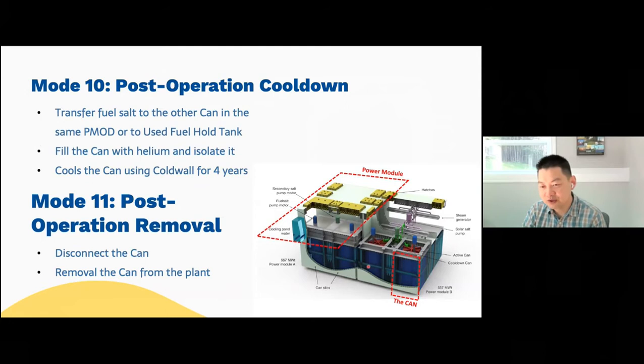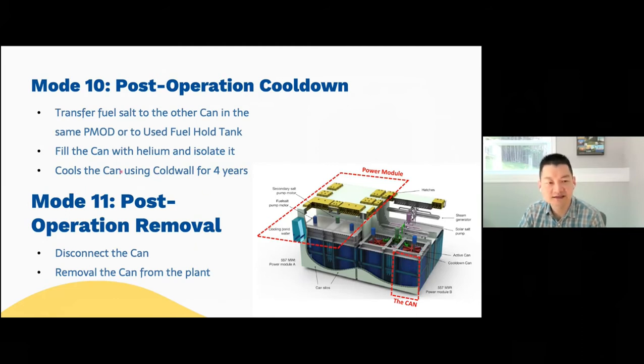Or if the fuel salt reaches its lifetime, we will transfer the fuel salt from the can to a used fuel hold tank, which is just underneath the secondary coolant pump, which you don't see here, but there's a used fuel hold tank underneath. So in this case, there will be almost no fuel salt in the can. There will still be a very small amount left, but the majority of the fuel salt will be in the fuel hold tank.